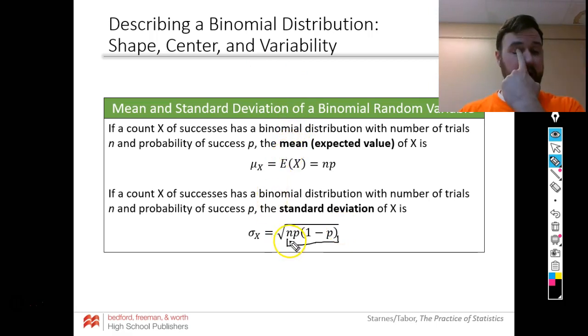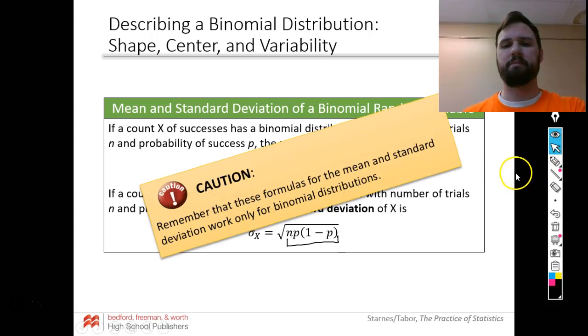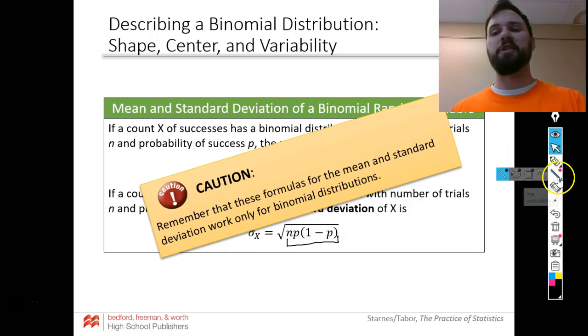So it's your number of trials times your probability of success times your probability of failure. Let's just do this. It's a formula. We're going to plug it in. Remember, these formulas only work for binomials. We'll get different ones for geometric and such.